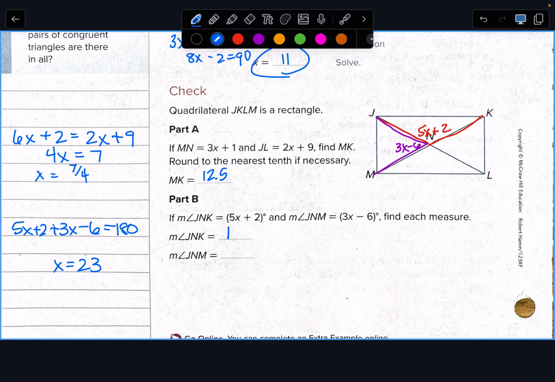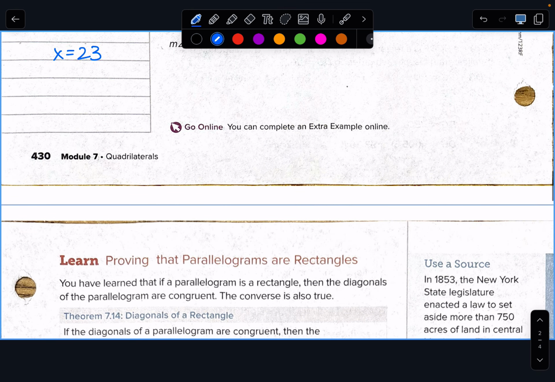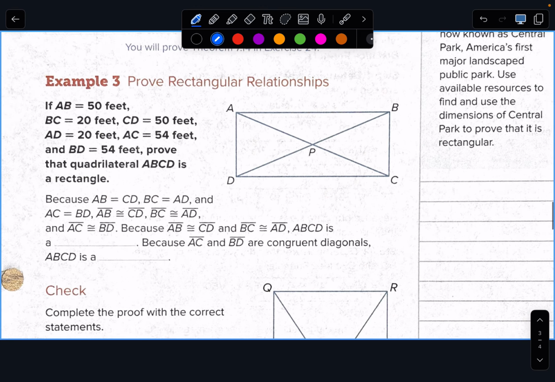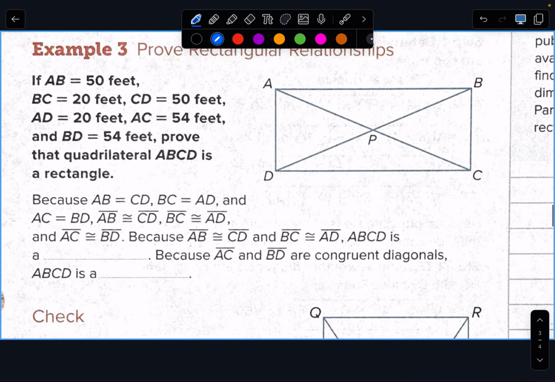Really? 117, which would make this 63. Okay. Yep.